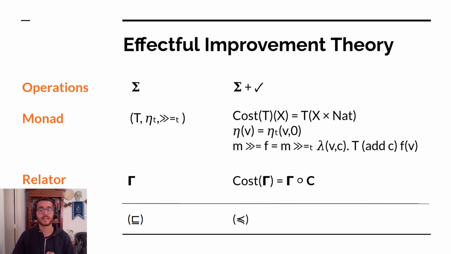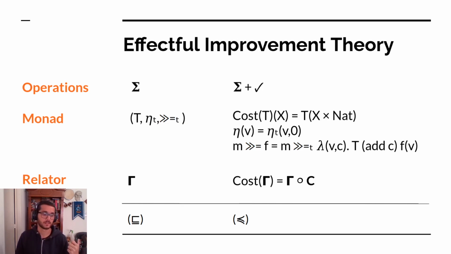From there, we can add the tick operator. We can define a new cost-aware monad simply by adding the ability to accumulate cost in a similar way to the cost monad, by interleaving the effects of counting ticks, or accumulating ticks, and interpreting the effects generated by the operations. And we can compose the relator gamma with the cost relator C to be able to compare cost as well as to compare effectful values.